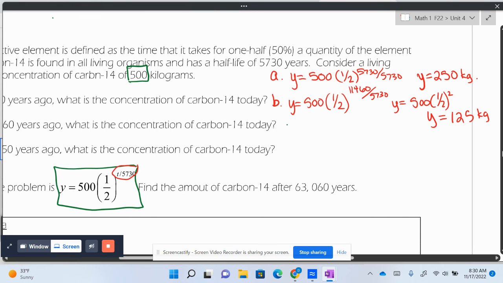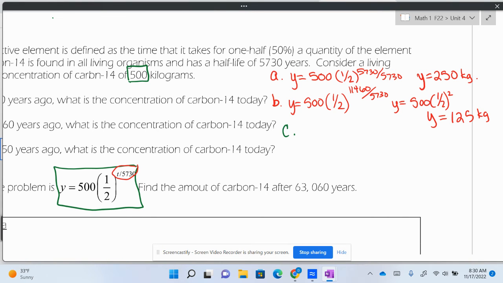Okay. Question C says, if the organism lived 28,650 years ago, how much carbon would it have? So I'm going to use the same y equals 500 times 1/2 to the power of, and my exponent is going to be 28,650 divided by 5,730.